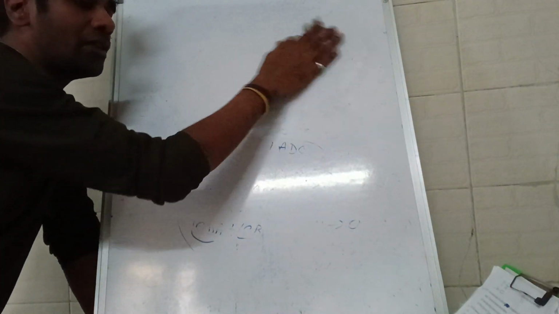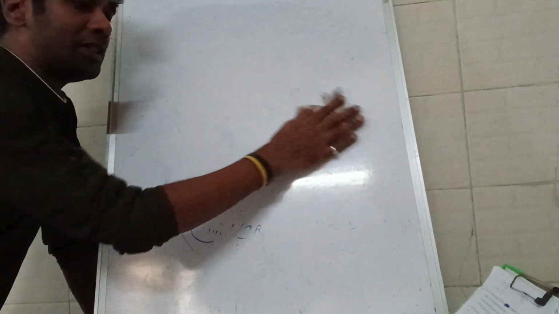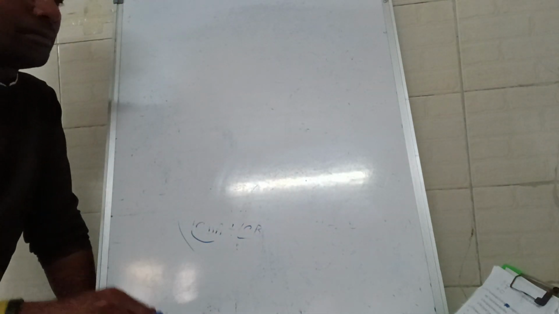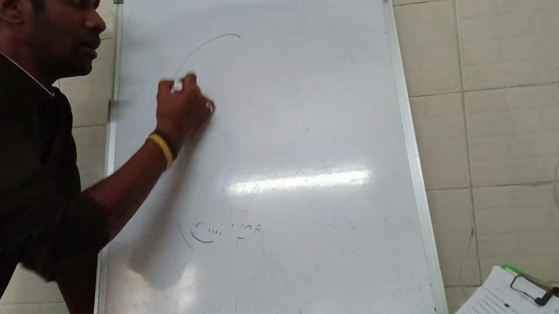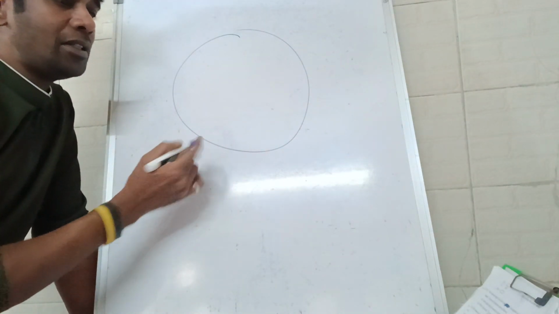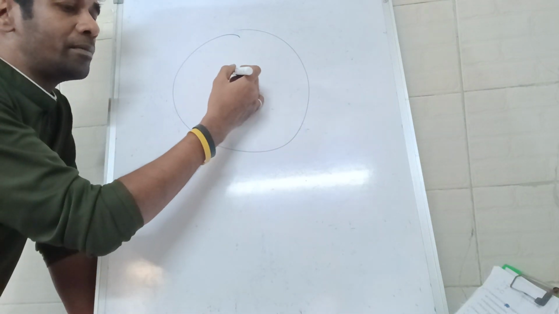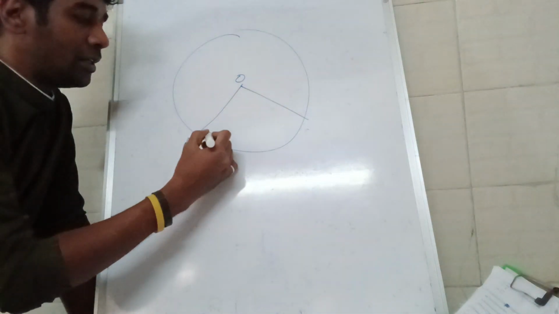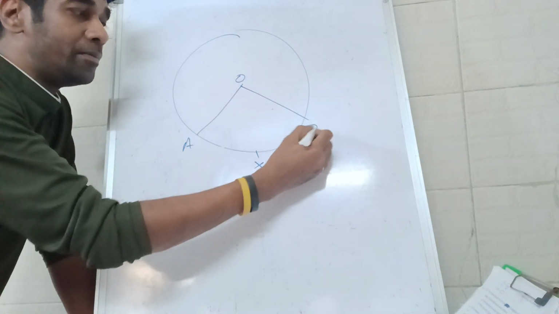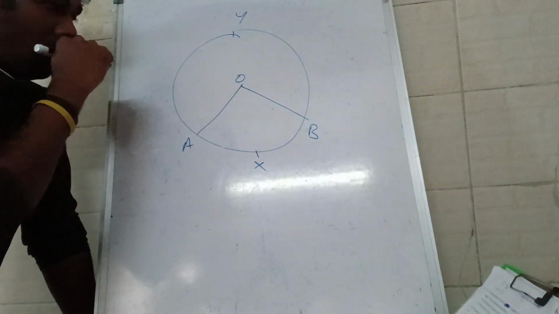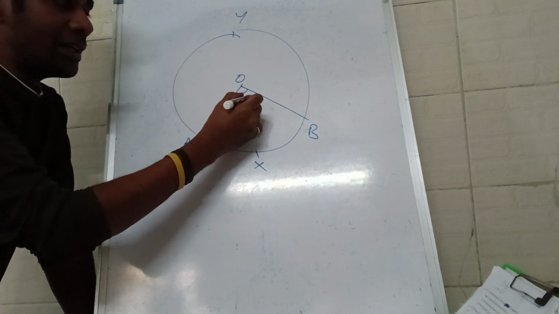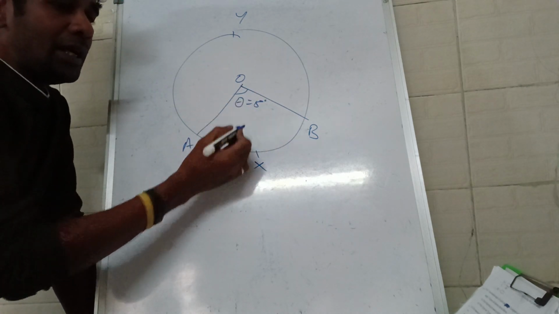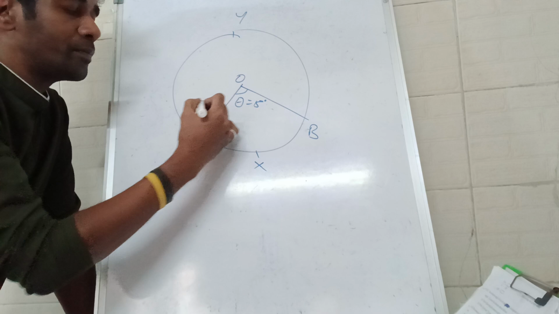Next sum: the measure of the central angle of a circle is 150. The question says the measure of the central angle, with the arc AXB, is 150 and the radius is 21.